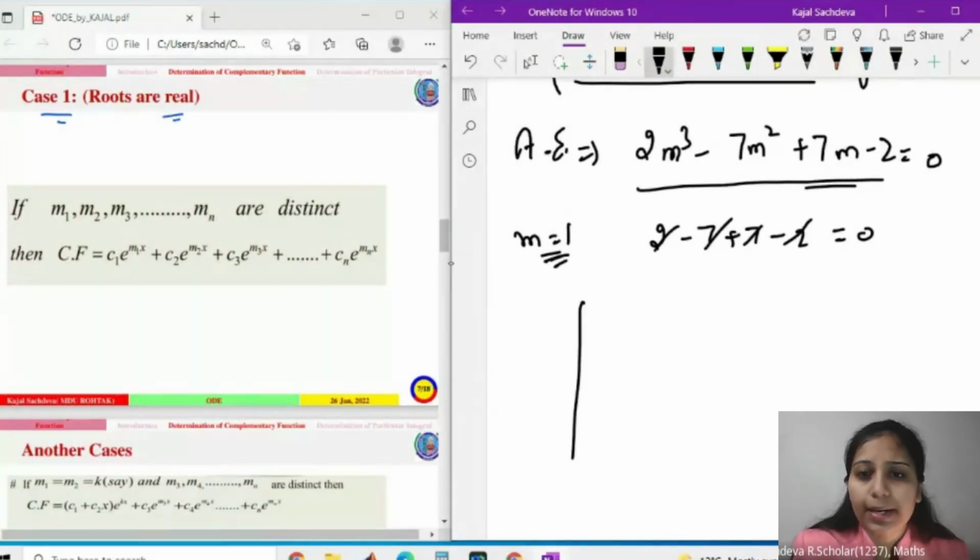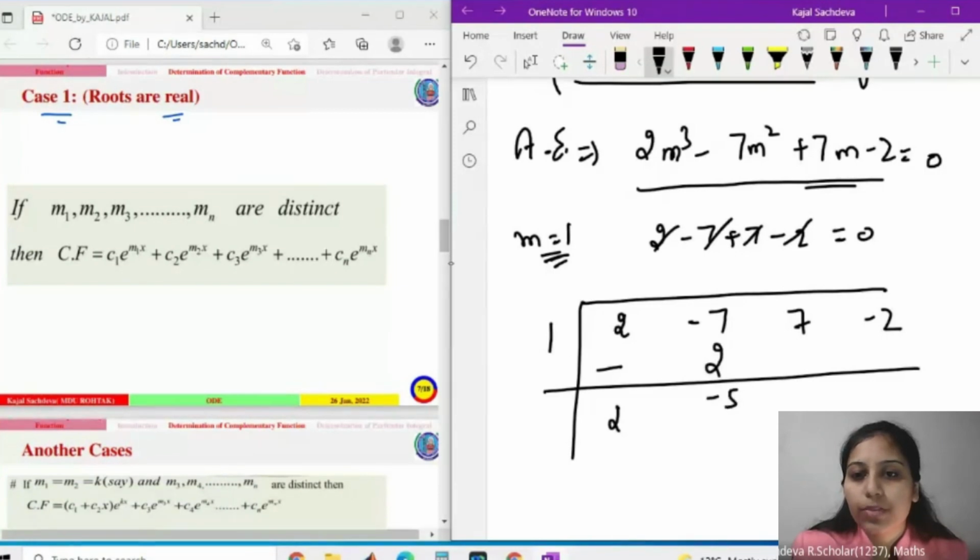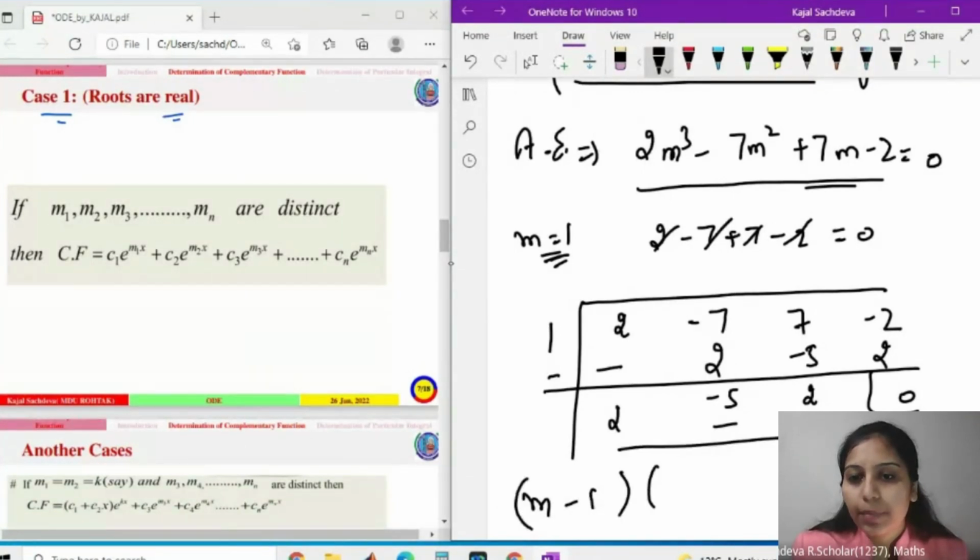Now we go toward finding the other 2 roots. Using synthetic division, put 1 here, then the coefficients of m cube, m square, m and the constant term. Write 2 into 1, 2; minus 5; then minus 5 into 1, minus 5; then 2; then 2 into 1, 2, that is 0. So one root is 1, and m minus 1 is its factor, and the rest can be written as 2m square minus 5m plus 2 is equal to 0.